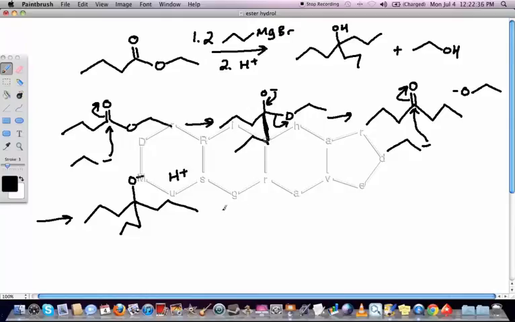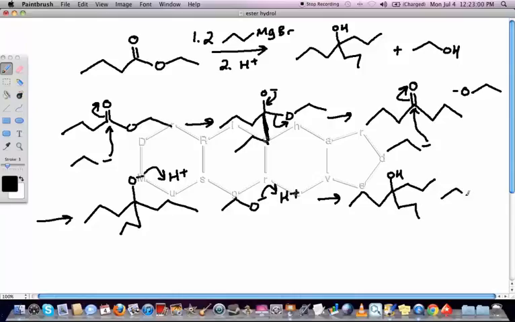So now we've got the H plus that can be added, and I'm going to add the H plus to both negative species here, both the negative species from the leaving group and the negative species from the attack of the second equivalent of Grignard reagent, and that's how we'll end up with our two products. Remember that when we're adding H plus in the second step, we're adding enough so that we can make anything negative into a neutral compound, or just to make the solution neutral or acidic.